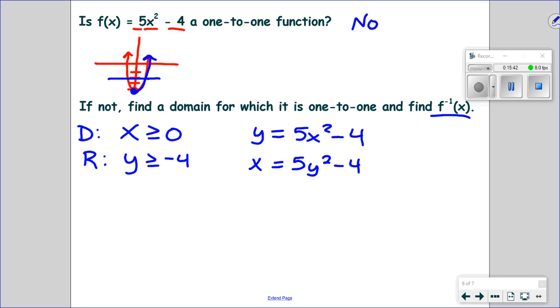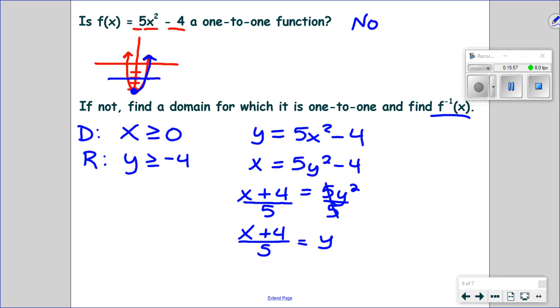Solve for y. So I would add 4 to both sides. Divide by 5. Okay, that leaves me with x plus 4 divided by 5 equals y squared. Now to undo the y squared, I'm going to square root both sides.